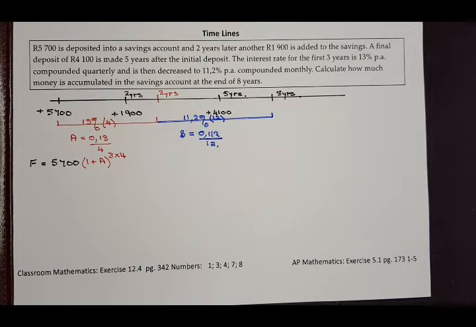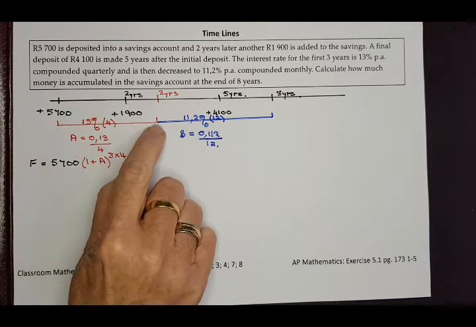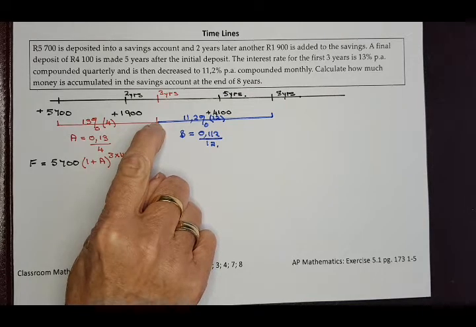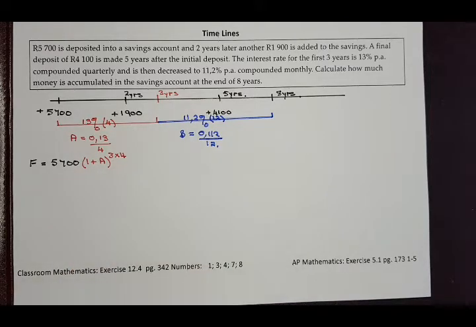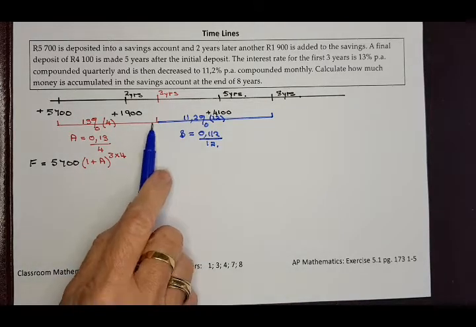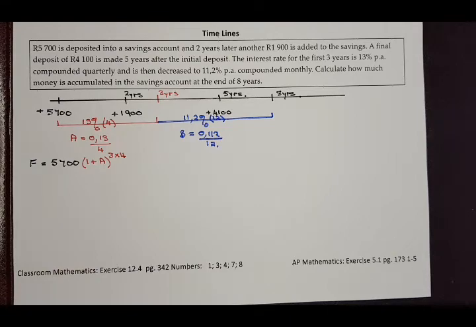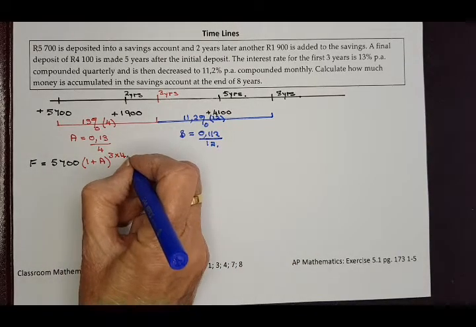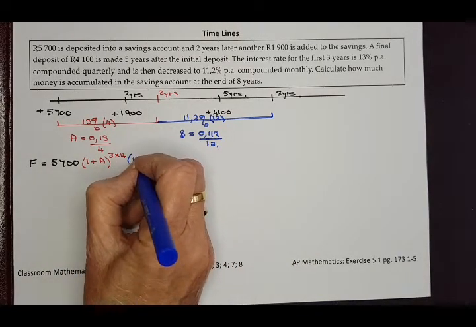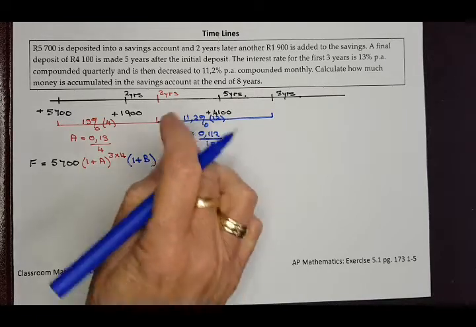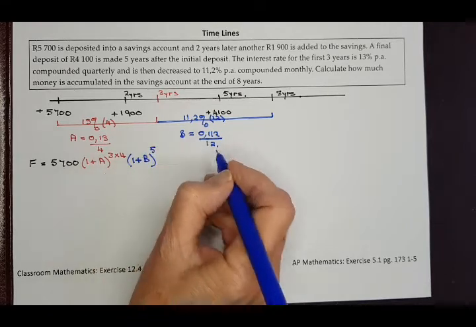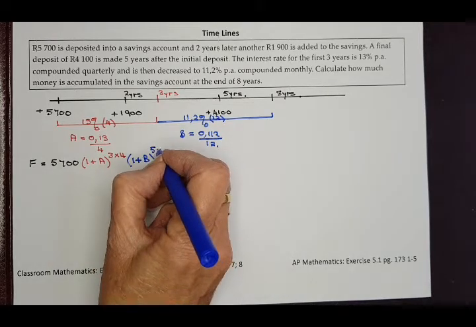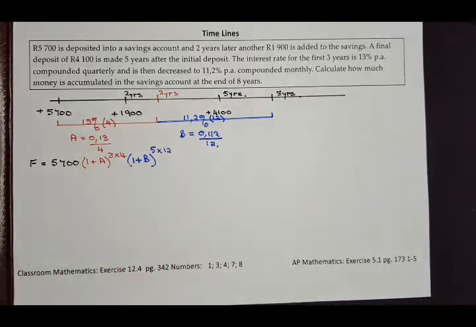Then this becomes the new present value investment at that point. And from here onwards, we are using interest rate B. So this becomes 1 plus B. It's for a period of 5 years, and our compounding period is monthly.